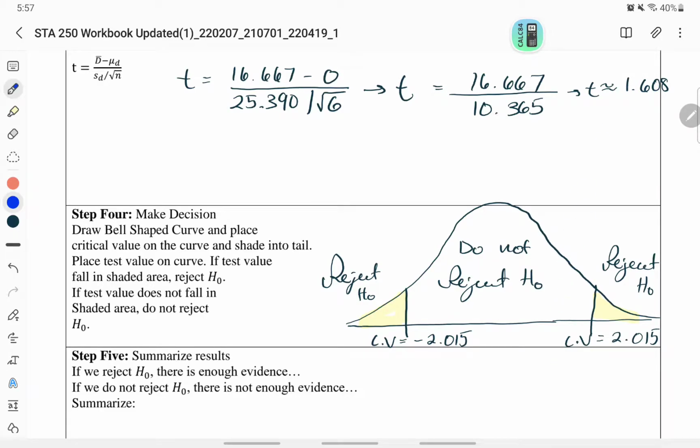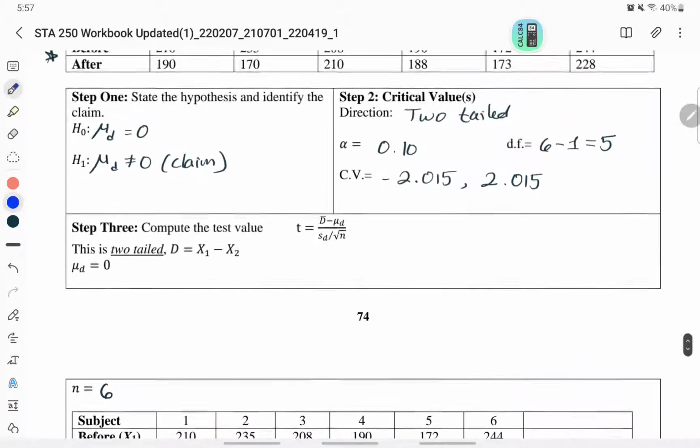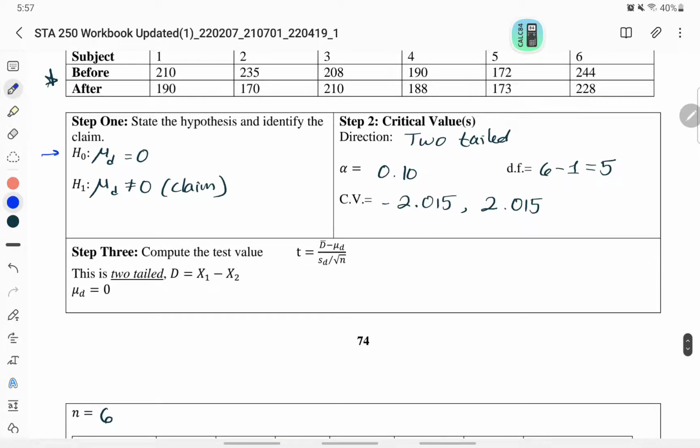1.608 will fall on the right side, but not within the highlighted area. It will fall, let's say, right there. And because it falls outside of the highlighted area, we do not reject the null hypothesis. So that means if we are not rejecting the null hypothesis, we're going to accept it for what it is.